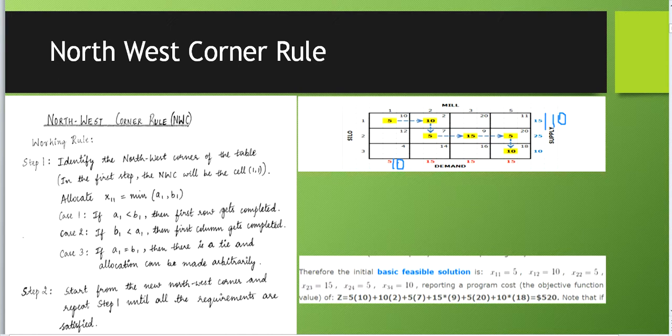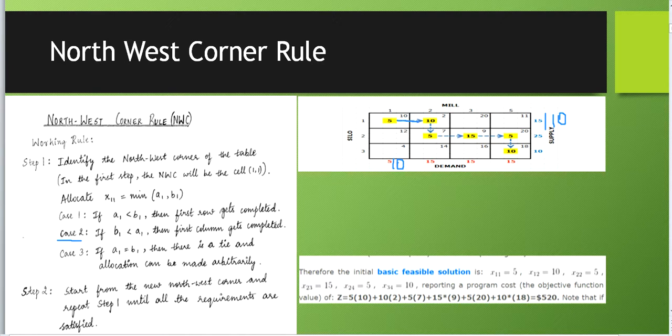If your demand value is less than supply, then you can see case 2. In case 2, the demand value is less than my supply value because 5 is less than 15. I have assigned 5 here. So in that case, you have to complete the column, the first column, and move to the next column. In other words, you have to move horizontal to the next cell. Okay, so we saw the second case.